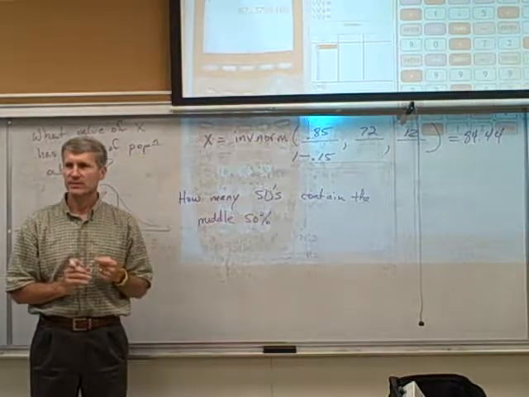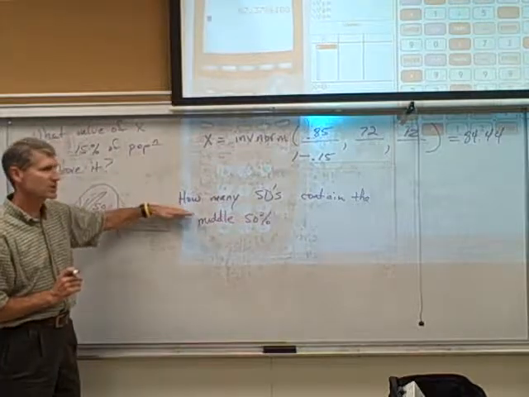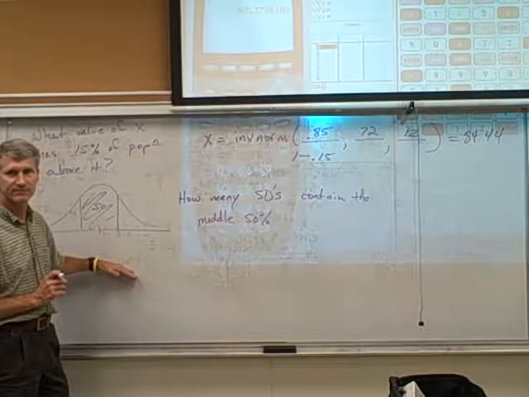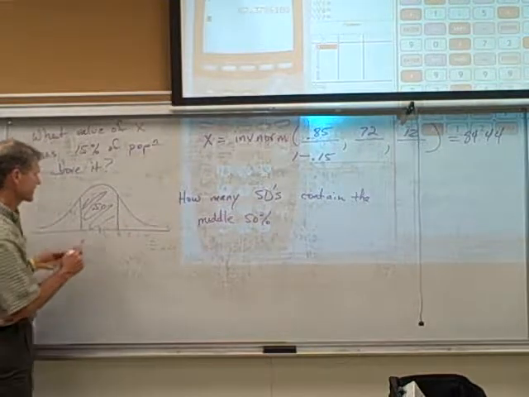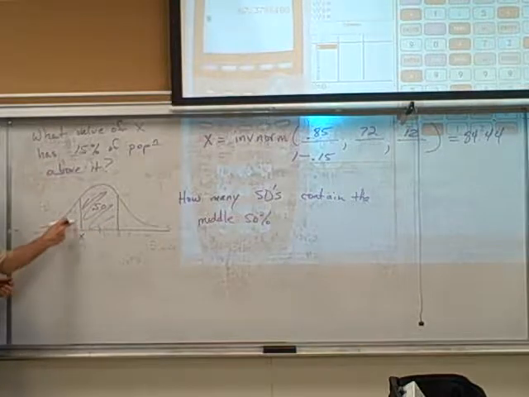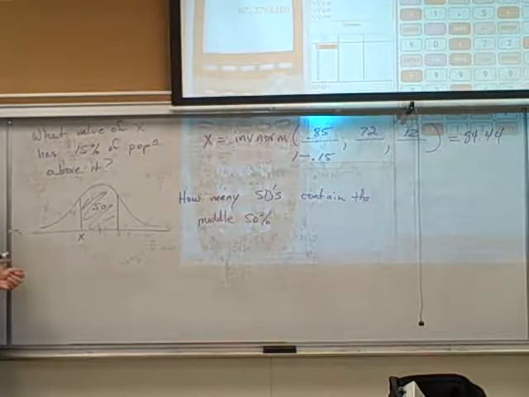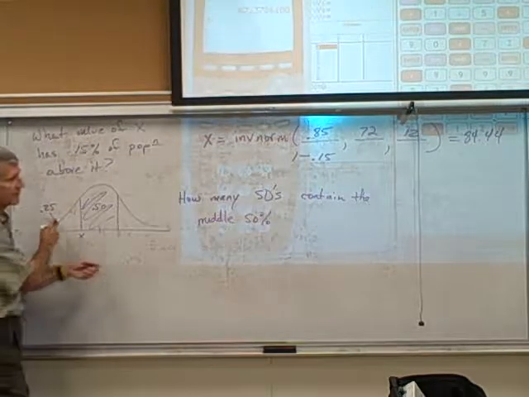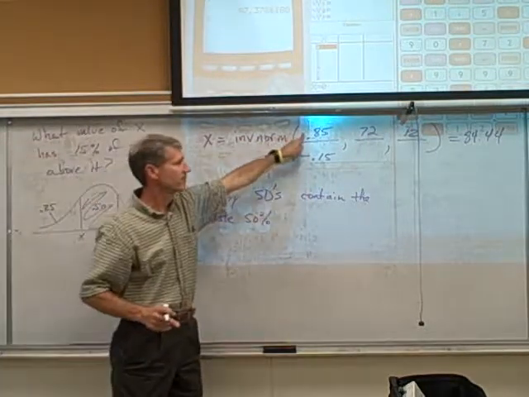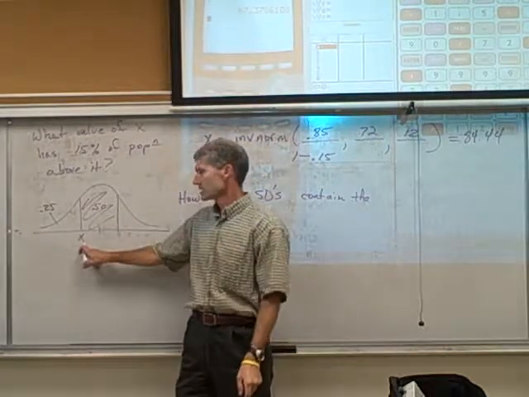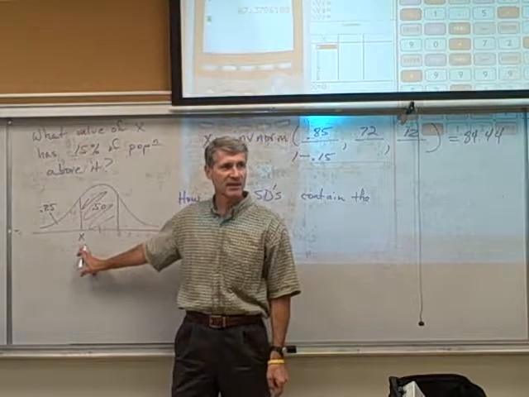Now, if they're talking about number of standard deviations, what should I be thinking? Z-scores. So I know my distribution is standard normal. It's 0, 1. So then I can say, well, let me find this value of x right there. What area is below there? 0.25. Now I know the area to the left for my inverse norm. I know the mean is 0, the standard deviation is 1, and I got my x. You should get a negative number back.